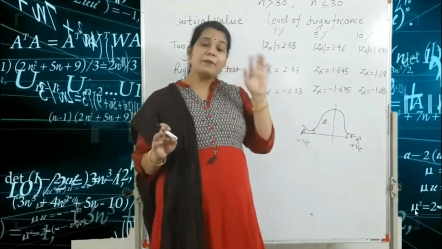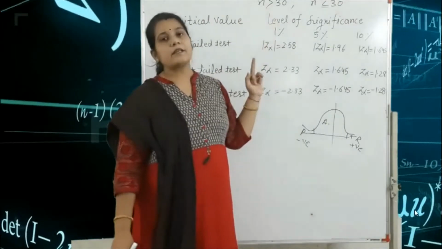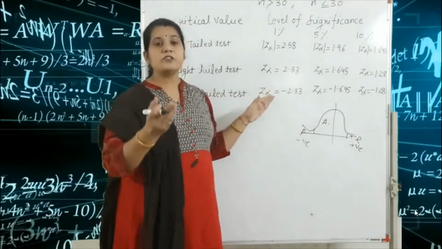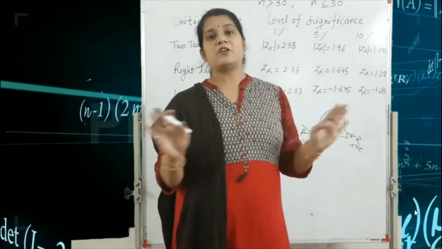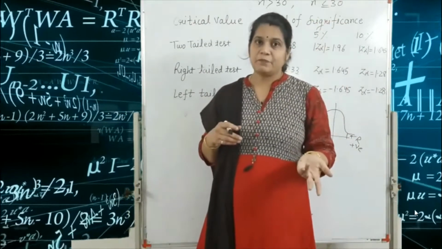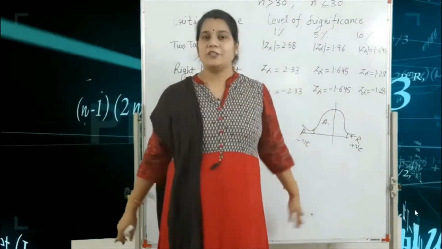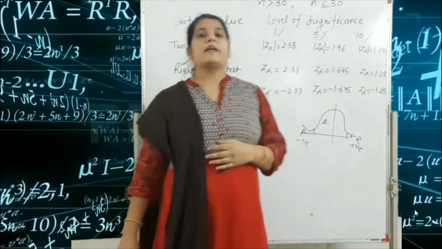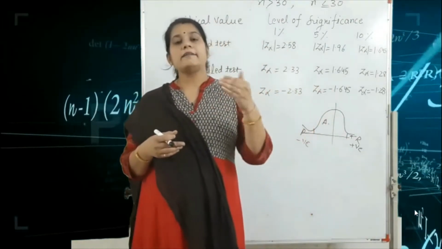Always keep in mind, you remember all these values, because if the sample is greater than 30, you compare your final answer with these values, and they are not given in your question. But if our samples are less than or equal to 30, then the compare value is already given in your question. So always keep in mind this table is very important for finding the problem of hypothesis when the sample is greater than 30.